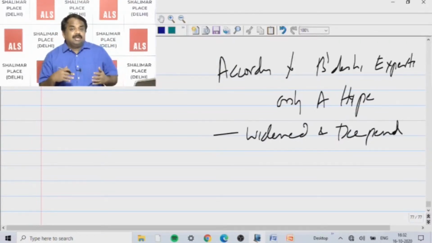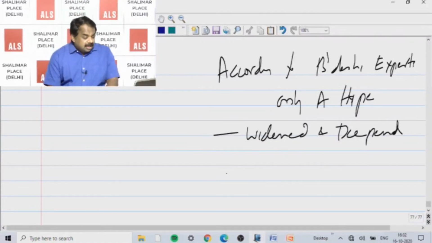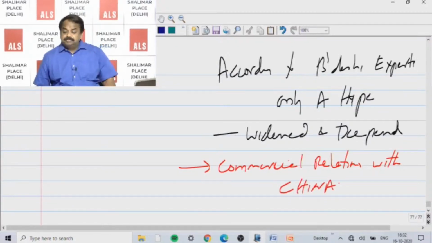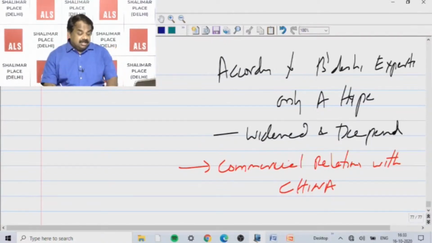It is not only because China has started doing something extra. It is not going to go down. Yes, they are also accepting that Bangladesh has increased its commercial relations with China, no doubt, but that does not mean it is at the expense of India. That is what they are claiming.